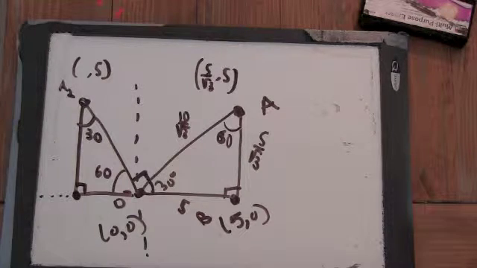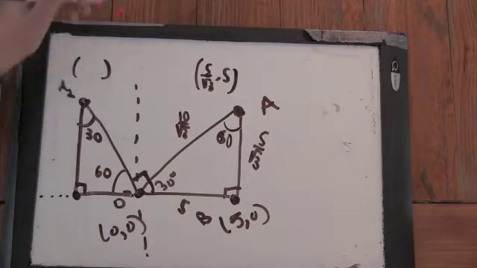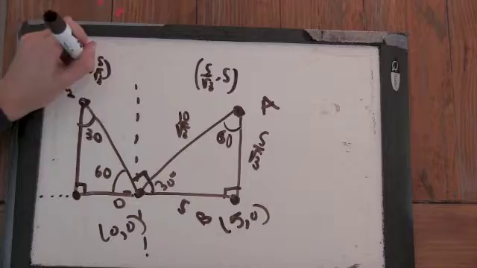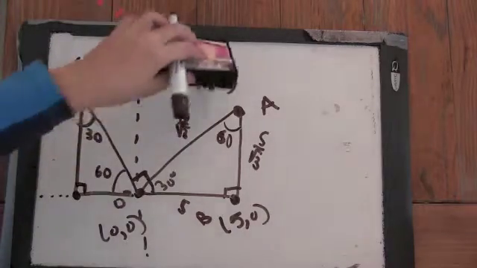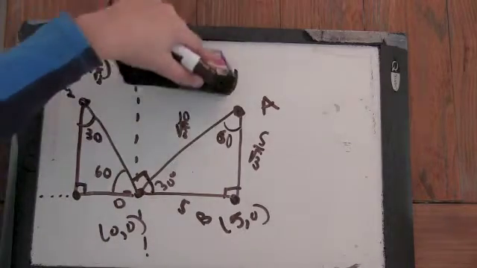But wait, I did something wrong. This is 5 over root 3. You go over 5, not up 5.